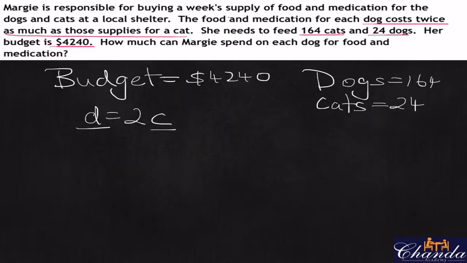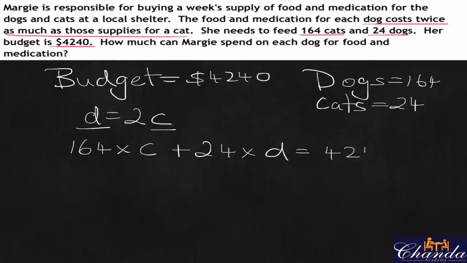So 164 times C is the amount of money that you would spend on the cats, plus 24 times D, which is the amount of money you would spend on the dogs. And that has to equal the total budget of 4,240. So writing this out properly, we have 164C plus 24D, which is equal to 4,240.